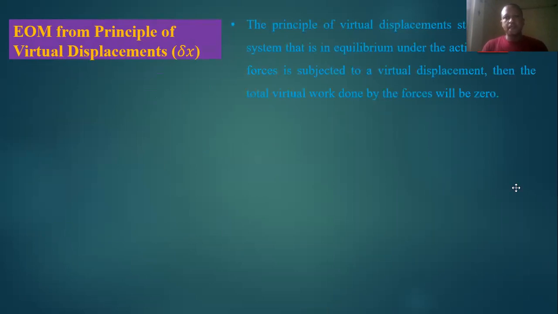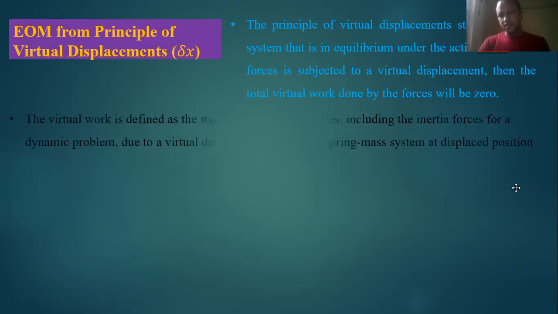The principle states that if a system in equilibrium under the action of a set of forces is subjected to virtual displacement, then the total virtual work done by the forces will be 0. The virtual work is defined as the work done by all forces, including the inertia force for a dynamic problem, due to virtual displacement.